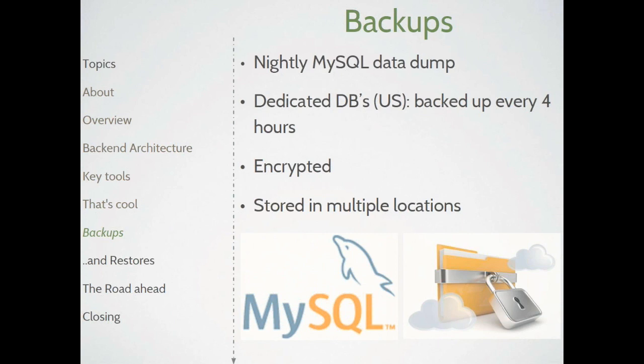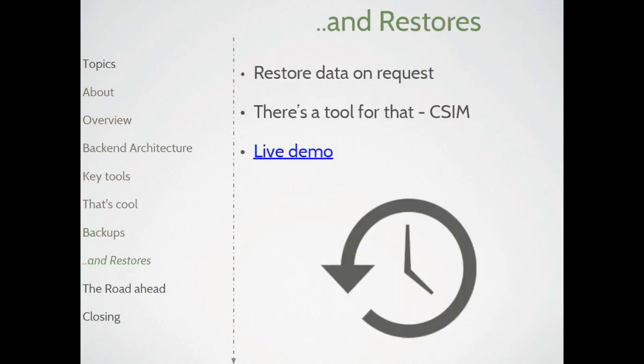Another thing is, since I put so much emphasis on failover security, backups also have to be stored in multiple locations. It doesn't help if I put the backups on one server and that server dies. So that's why we put them in multiple locations, which is also a good example of very positive data redundancy.